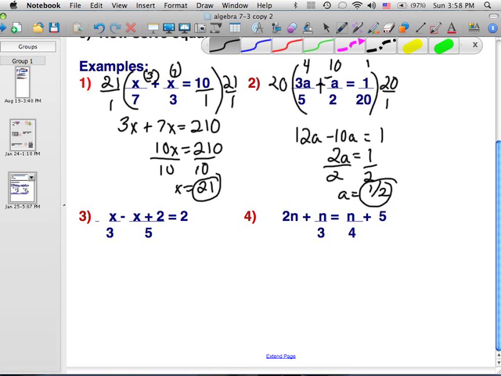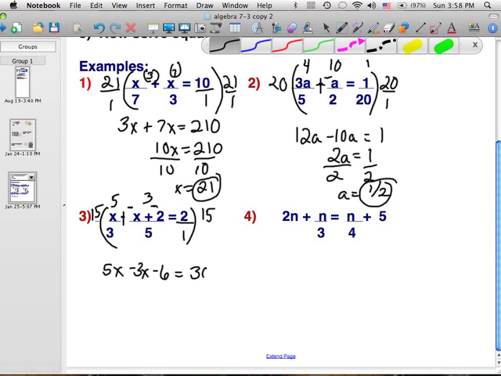The third example, change subtraction to addition, change the signs of all the terms that come after it. The least common denominator is 15. 3 goes into 15 five times, so 5 times x is 5x. 5 goes into 15 three times. 3 times the negative x is negative 3x, and 3 times the negative 2 is negative 6.